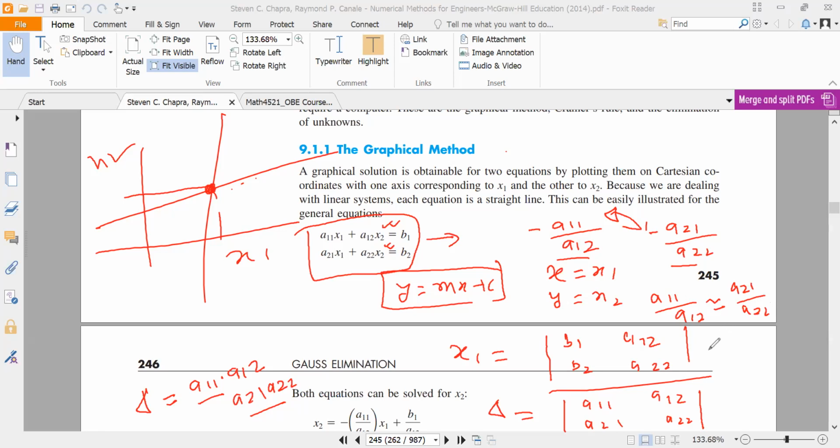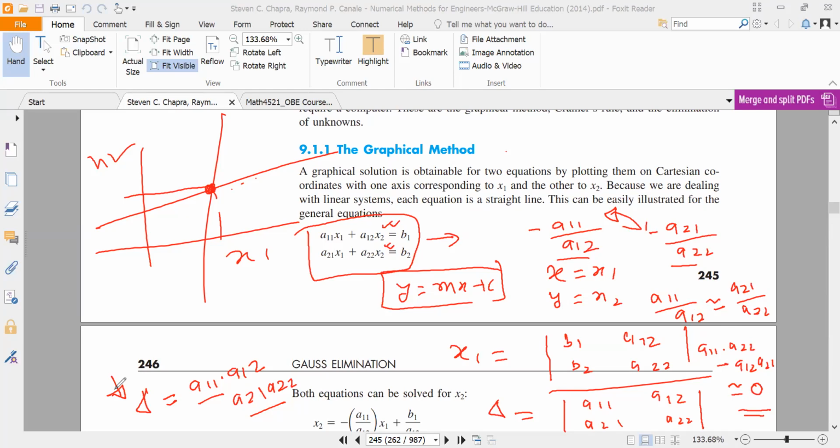Then this a11 into a22 minus a12 into a21 is nearly equal to 0, isn't it? Yes, sir. This 0 is nothing but the value of your determinant delta. Thus, if your delta value is nearly equal to 0, what does it mean? It means that the slopes of these two equations are nearly equal.